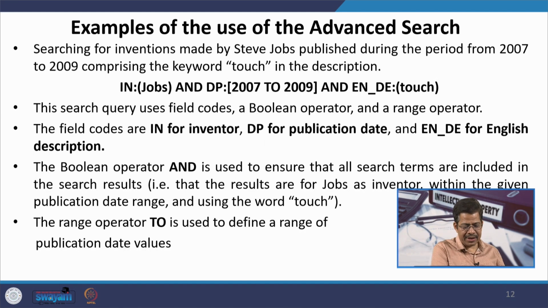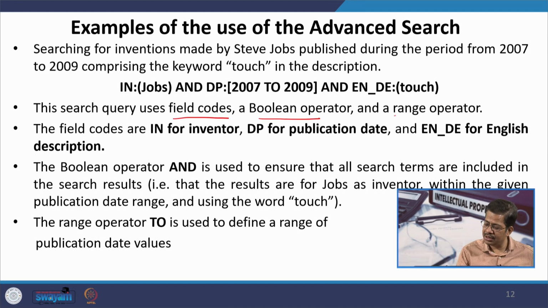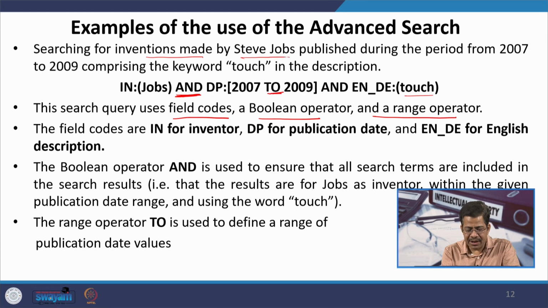So, let us see some cases of how you are going to use this advanced search, where we are going to use different types of field codes, Boolean operators, range operators, etcetera. So, all these things we want to see: searching for inventions made by Steve Jobs, published during the period from 2007 to 2009, comprising the keyword touch in the description.